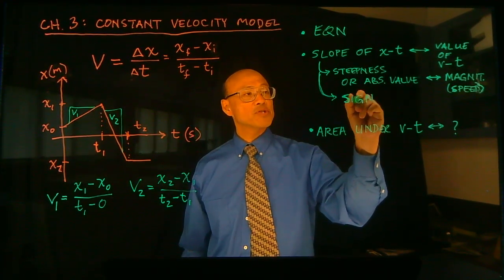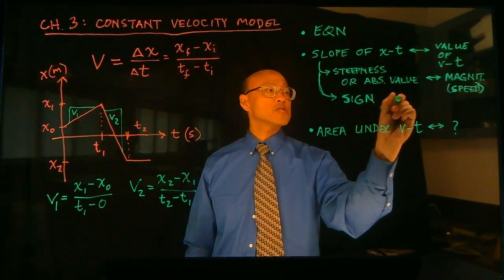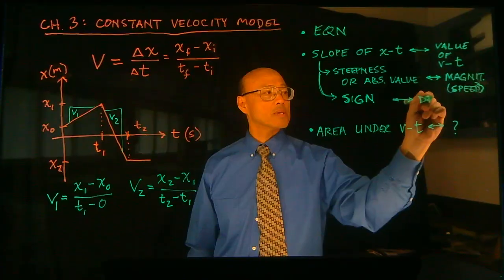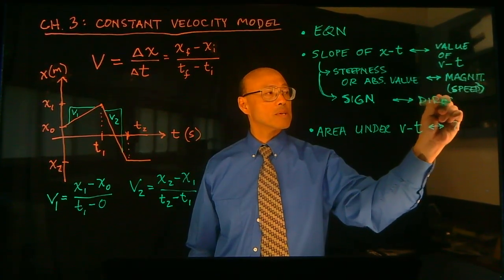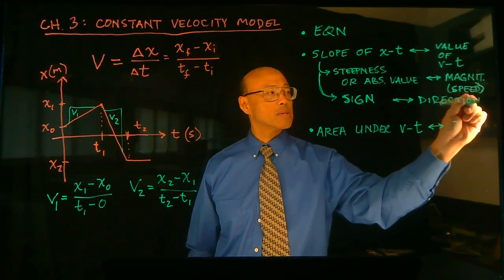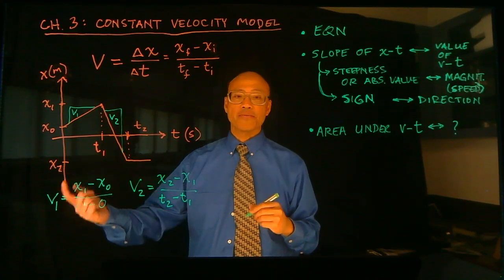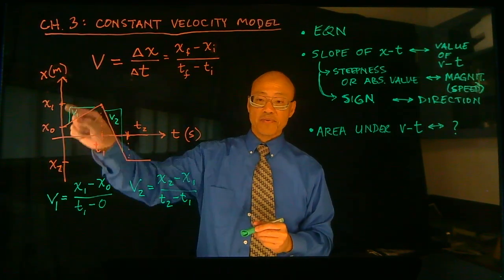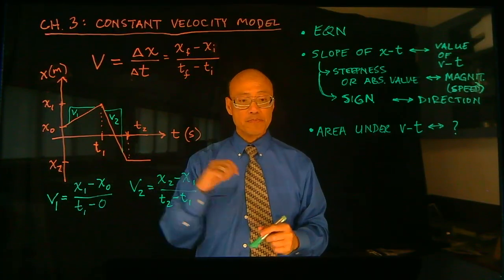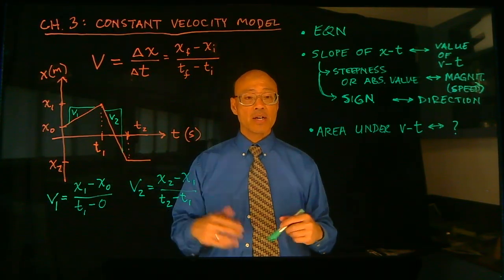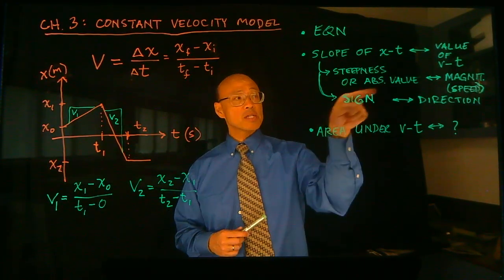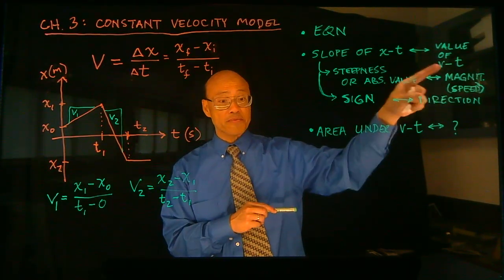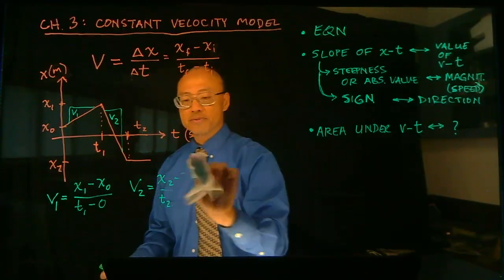The sign of your slope corresponds to the direction of motion. Okay, am I moving to the left or to the right? Positive or negative? Positive position values or negative position values? Or positive velocity values, negative velocity values. So let's take a look at this and apply it to, since I mentioned a vt graph, let's make one here.